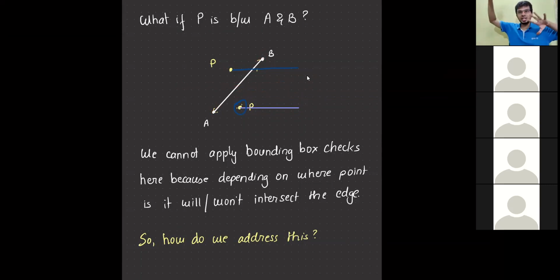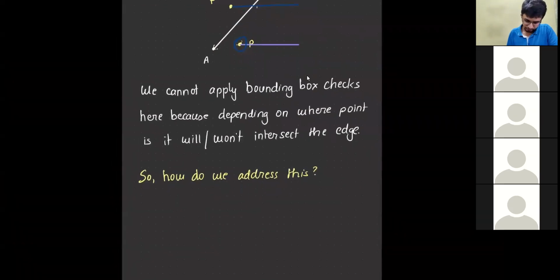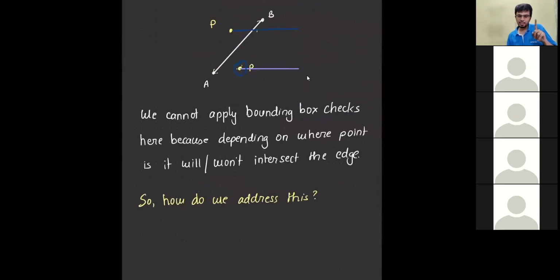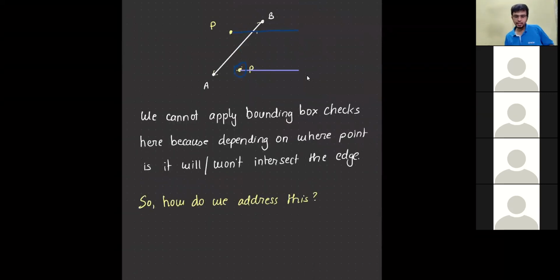So bounding box checks are done. Sanity checks, where there is definite surety that it does not intersect or that it intersects. This is where things become interesting, where we want to find out if it would intersect or not. Here we cannot apply the bounding box checks because depending on where the point P is, it will or won't intersect the edge.